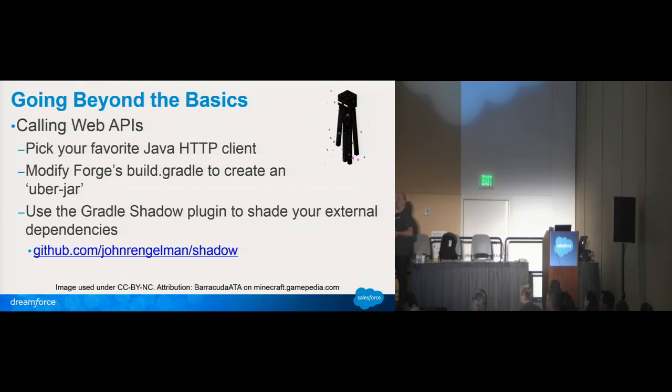I'm not going to go into details here, but I learned about things like Gradle, which is a Java build system, and packaging up things like a Java HTTP client so that if somebody else had written a mod that also had an HTTP client, they wouldn't clash. It's a technique called shadowing. How many Java programmers in the room?